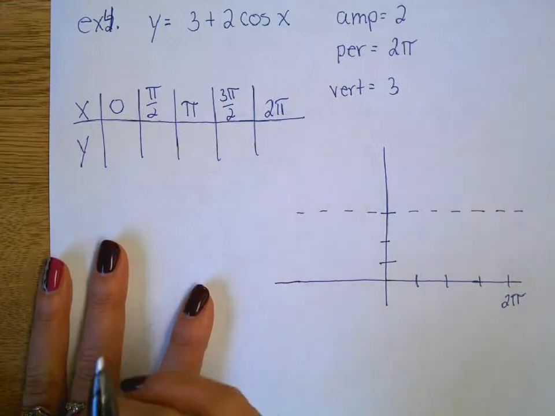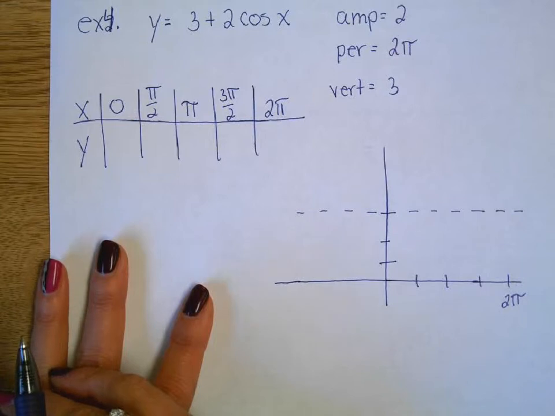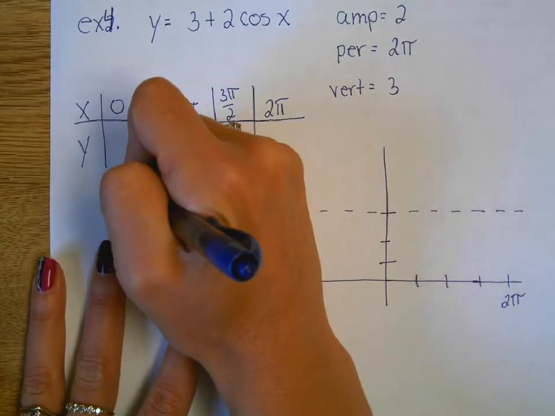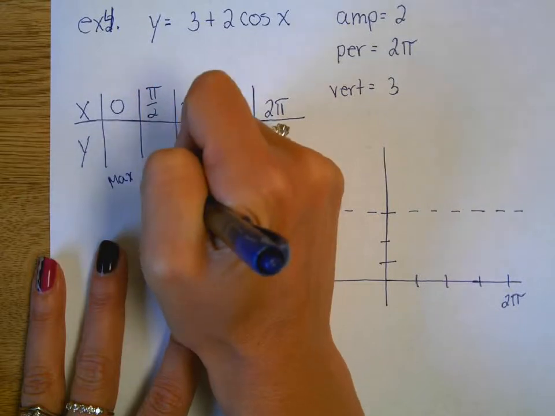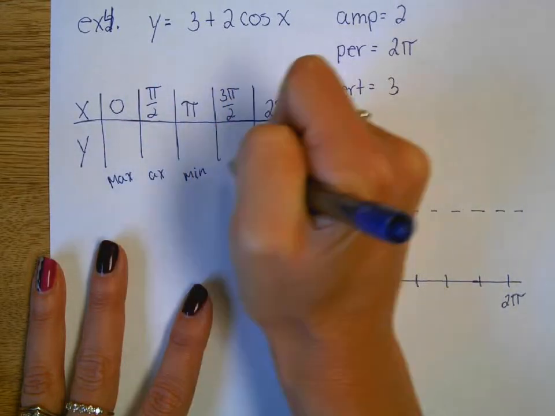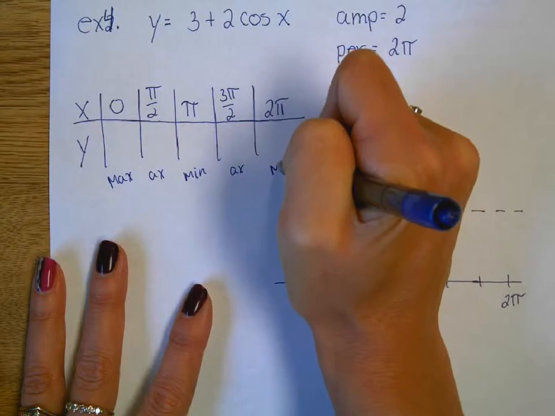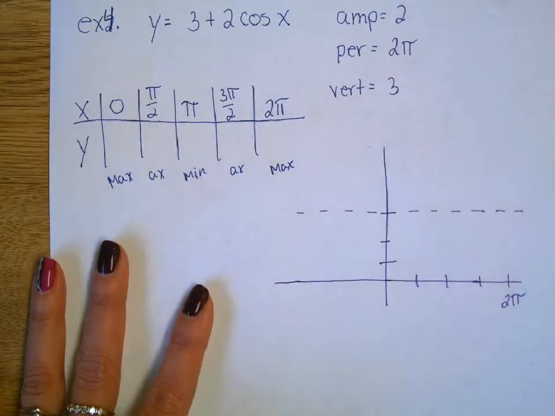Okay. Cosine's pattern in words. Where does cosine start? Max, min, axis, max. Where are my new axis values at? The 3. The vertical shift is my new axis.